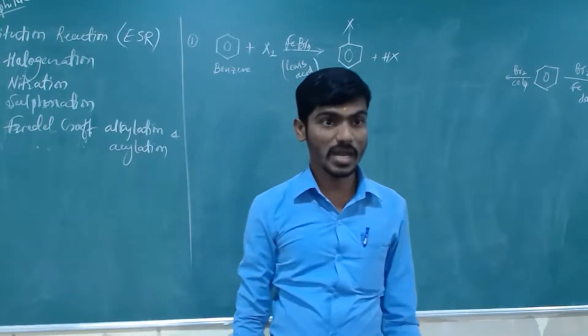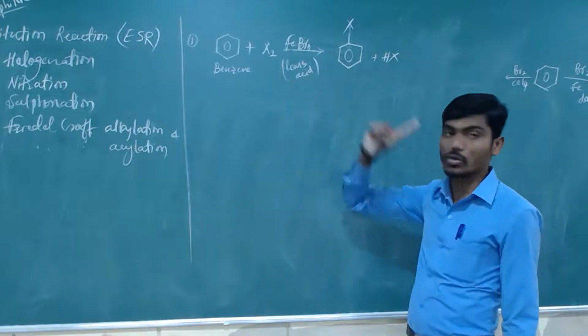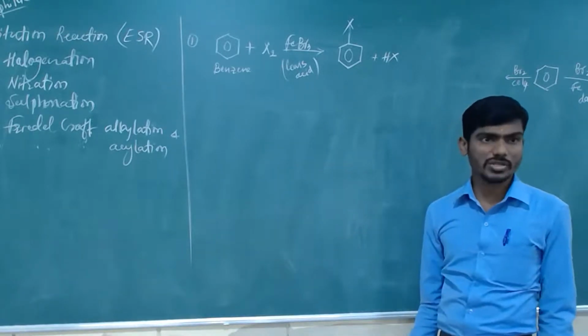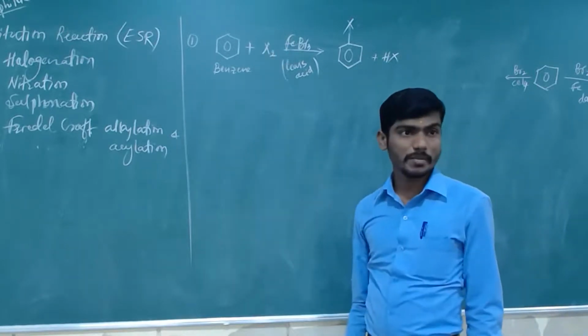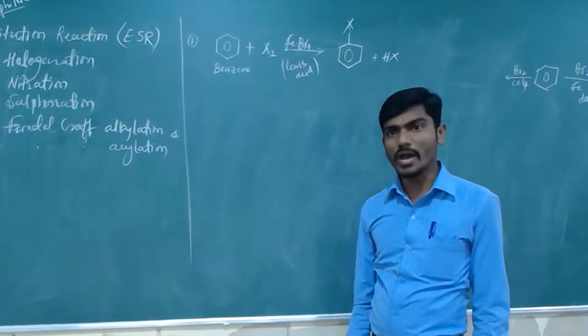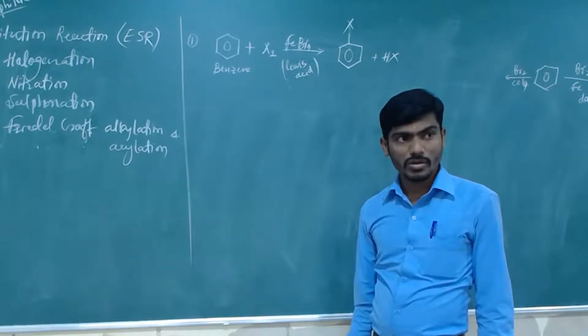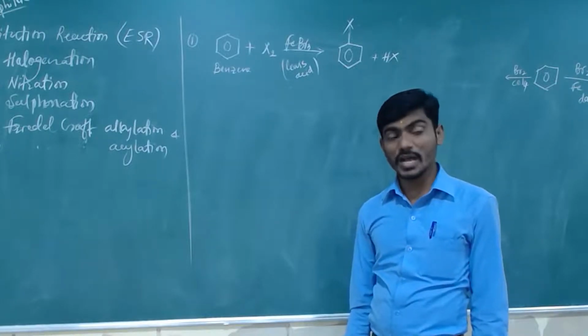In the absence of sunlight it is nuclear halogenation, and in sunlight it is side chain halogenation; that is the difference. First, this is a halogenation reaction. Now look at the order of reactivity: which halogen is substituted readily? Does iodine react fast or fluorine?